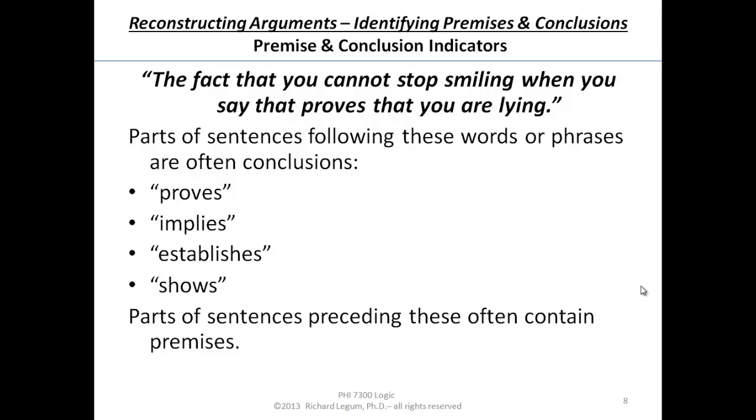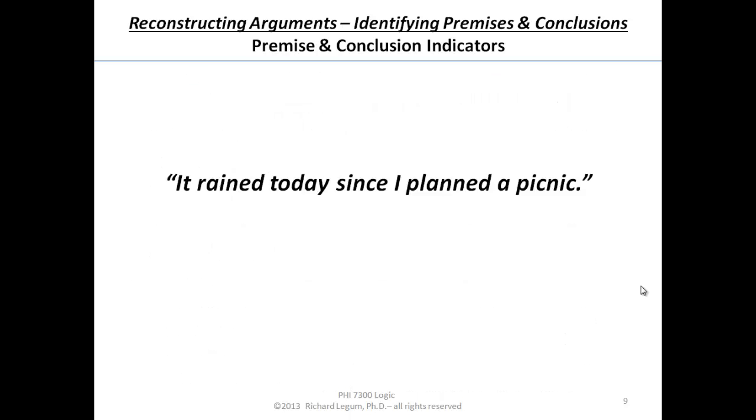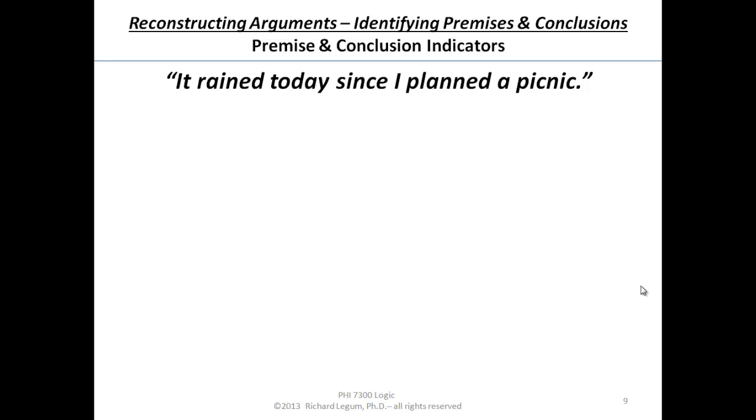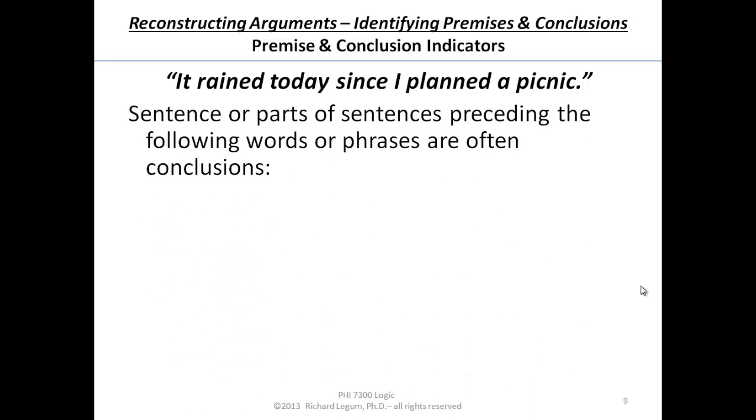Another set of conclusion indicators: "It rained today since I planned a picnic." In cases like this, with "since," the sentences or parts of sentences preceding words like "since" are usually the conclusion, right?